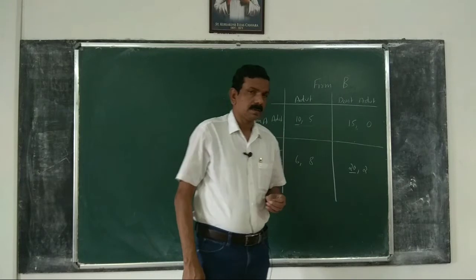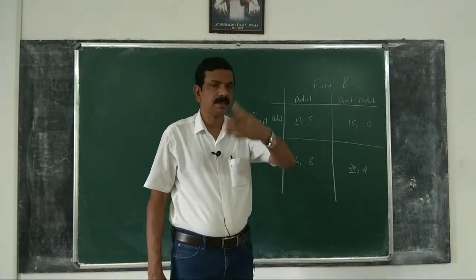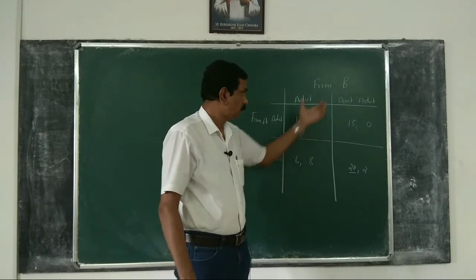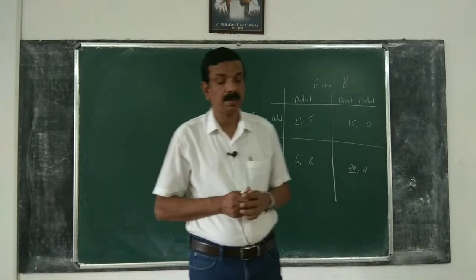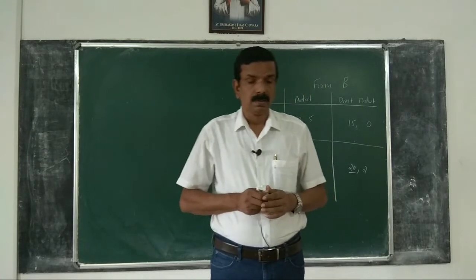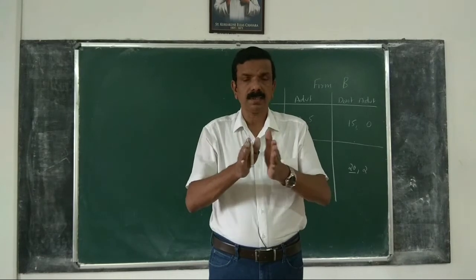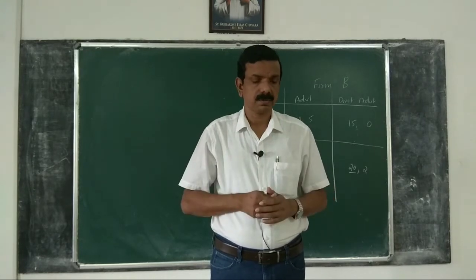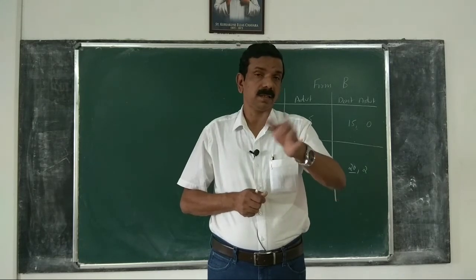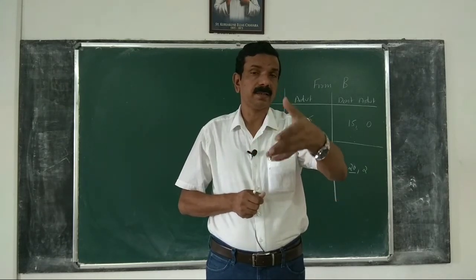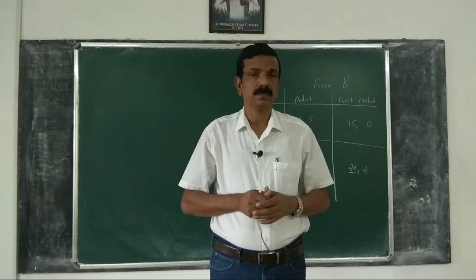Now the question is, if both the firms take the decision at the same time, what will A do? To answer this question, A must put itself in B's shoes. A must make an analysis about what B will do.